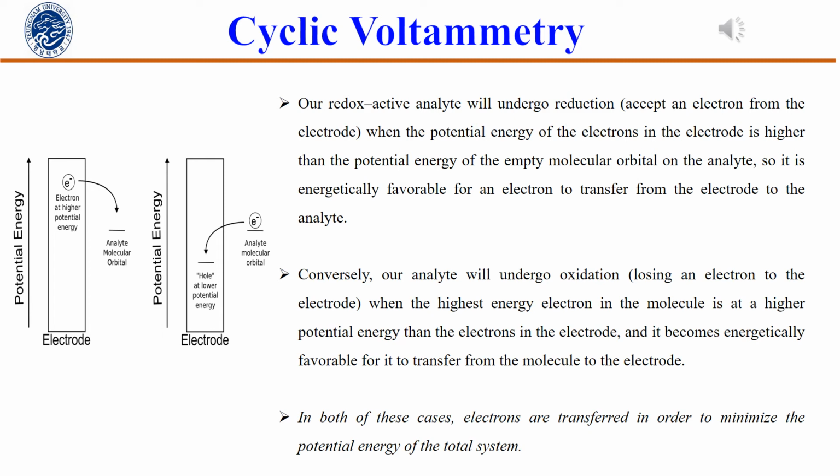Here you can see the electron transfer from electrode to analyte and also from analyte to electrode. So when will it happen? Let's see. If our analyte is redox active, that means the analyte can undergo oxidation and reduction processes, it will exchange an electron with an electrode when it reaches a certain potential.